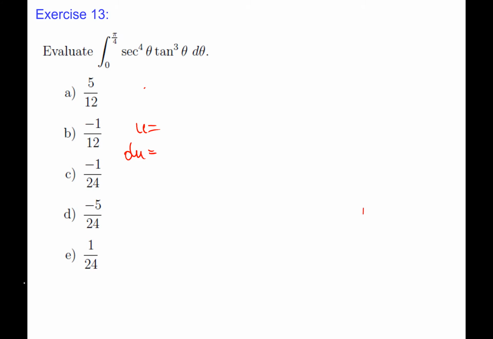I'm just thinking that secant theta will be easier, but just because this is higher power, and then I will have right away this will be my u, this will be my u to the power of 4, and I'm fine with this. Pull out 1 secant square, convert. Oh, yeah, I know.